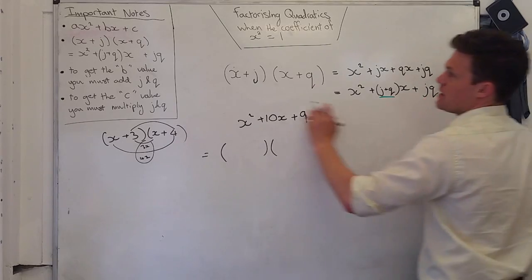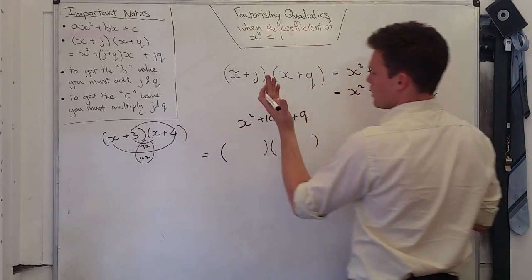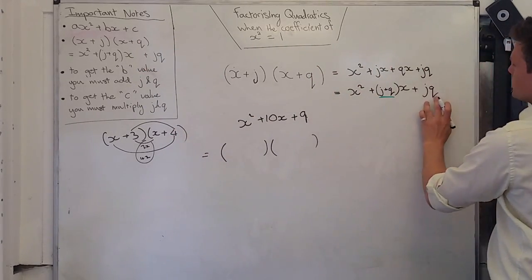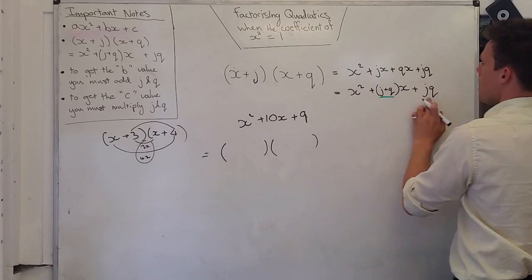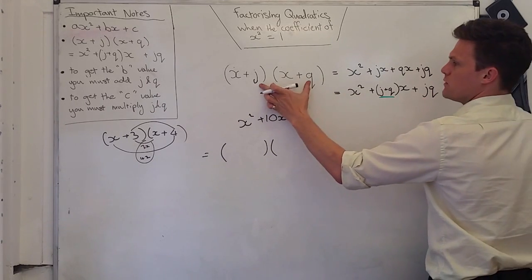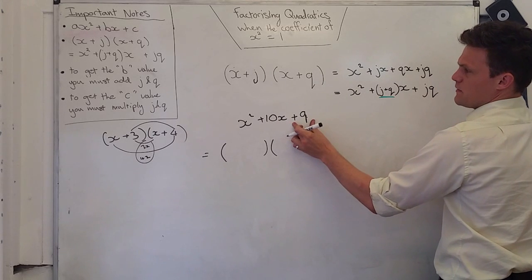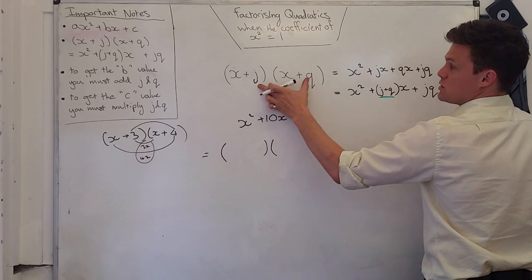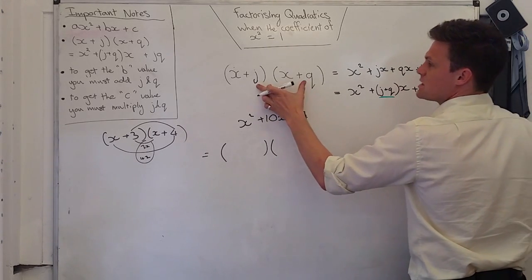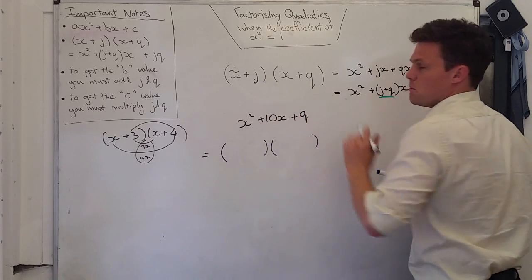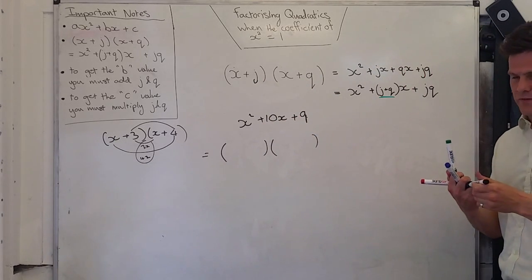Whereas my number at the end, my c value, or 9 in this case, is represented by these two numbers in the brackets multiplied together. So the product of these two numbers will give me my c value, and the sum of these two numbers will give me my 10, my x value, my b value.